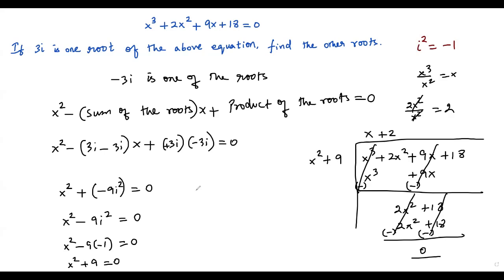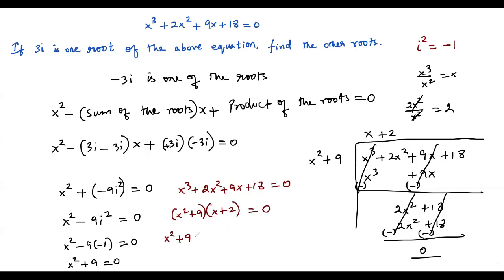Now let me write the original equation: x cubed plus 2x squared plus 9x plus 18 equals 0. The two factors of this polynomial are x squared plus 9, that we got over here, and the other factor is the quotient of the long division, which is x plus 2, and the product equals 0.